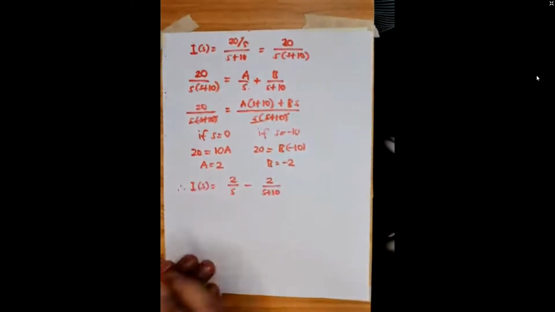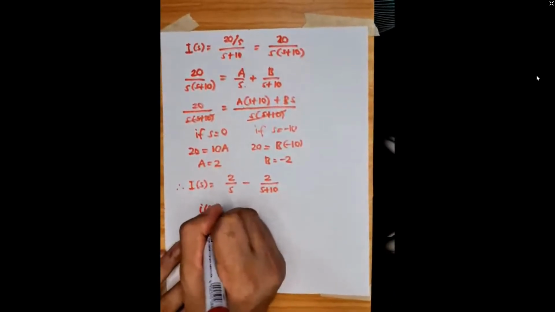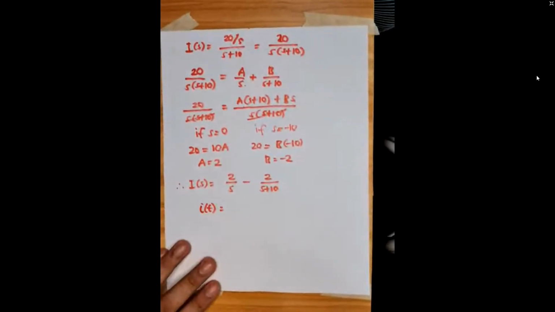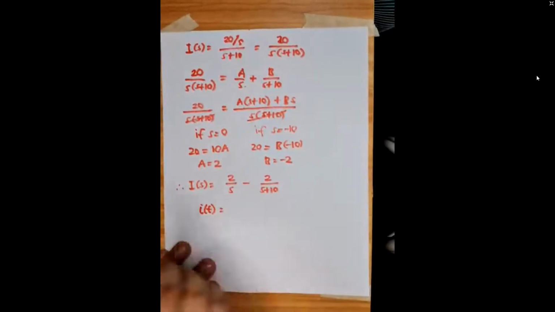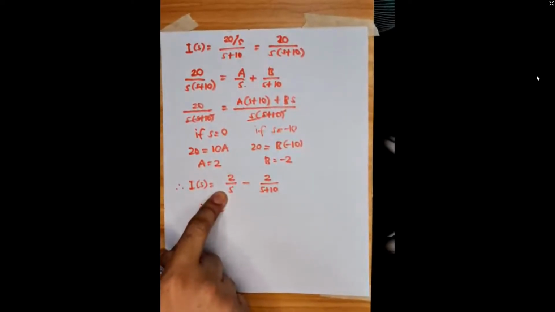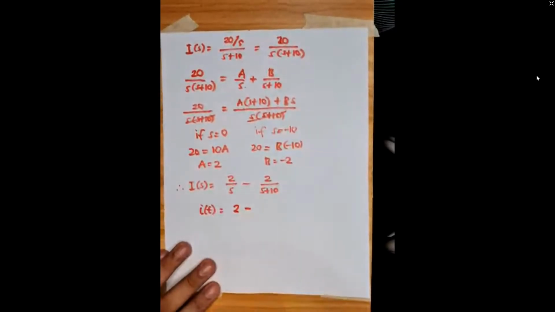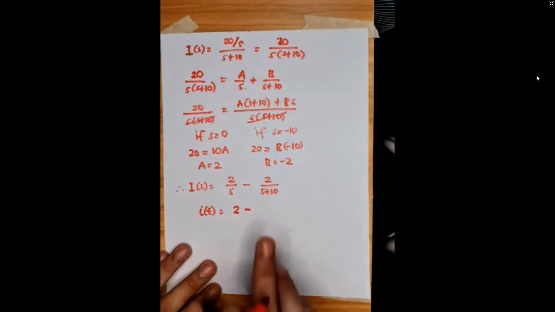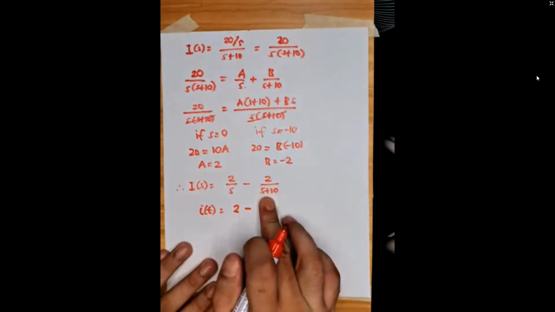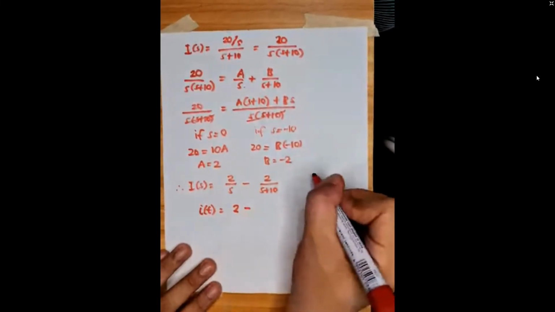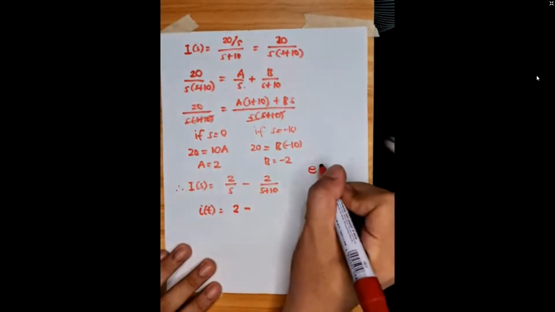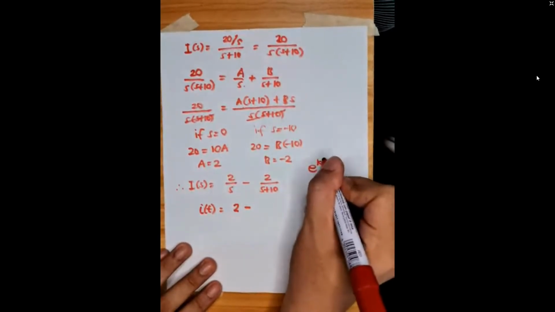Okay, now get the inverse Laplace transform. So this now becomes I of t. So what's the inverse Laplace of 2 over S? This is the inverse Laplace of a constant, so that will just be 2 minus... ito, so this one is exponential ba? So yung e raised to kt.